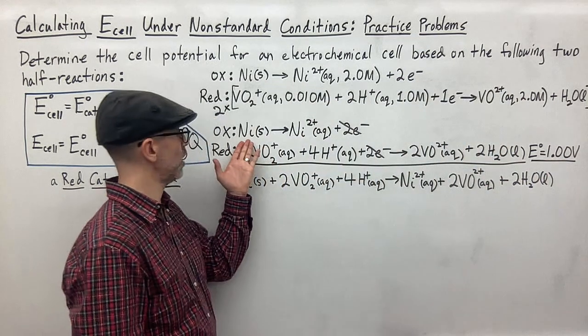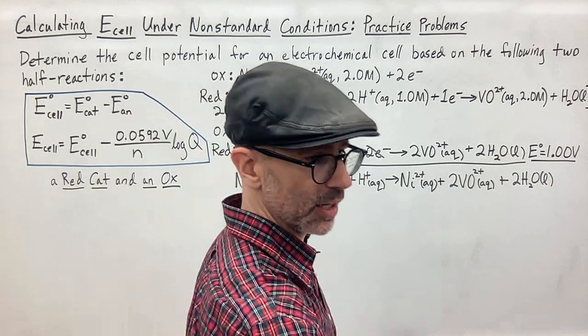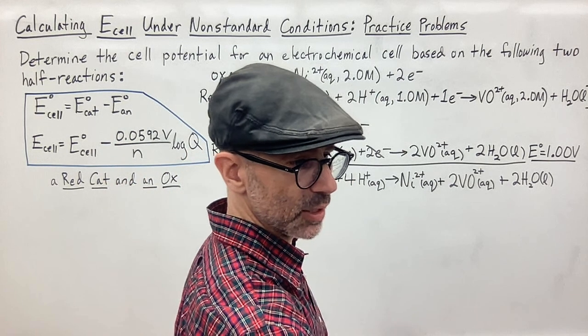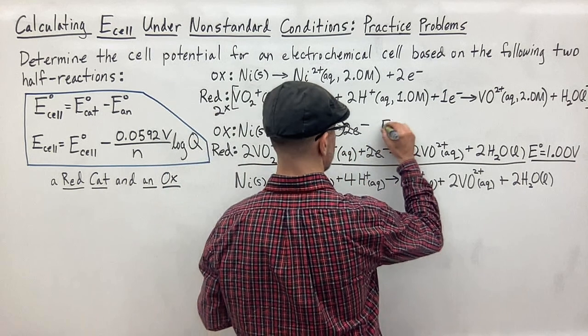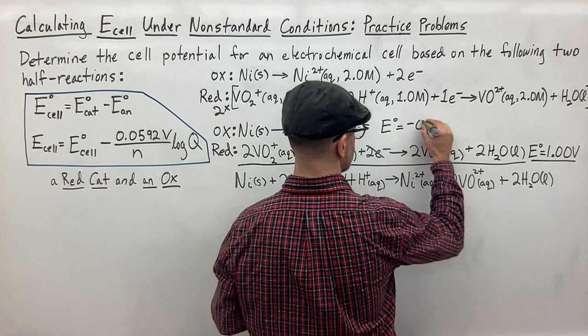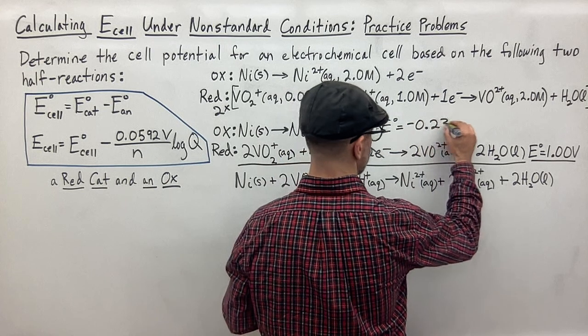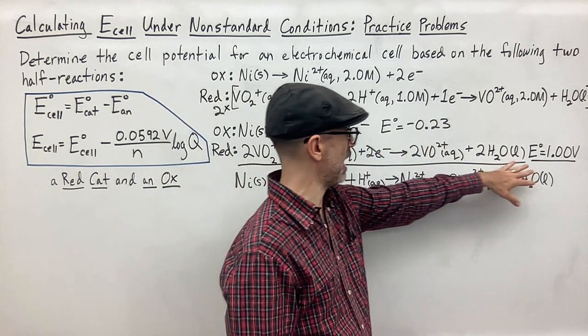And then if we look up nickel as a reduction half reaction, we get negative 0.23. So these are the values that you would find on the table. I haven't changed them.